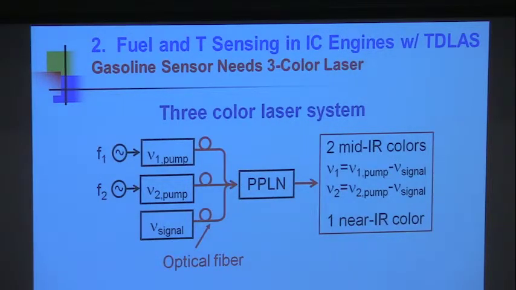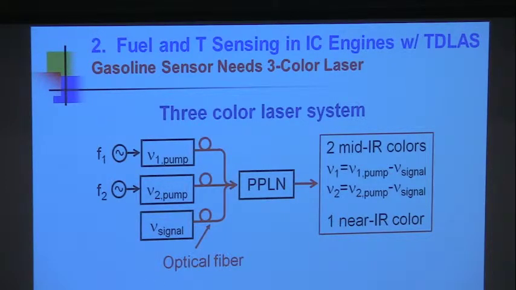And we would also end up with a separate color that was not attenuated by the gas, but would be attenuated by droplets. Because in some of the applications, we have to live with the fact that there may be fuel droplets present. So actually, we ended up with 2 wavelengths to characterize the vapor, and another color to deal with the fact that we might have liquid films on our windows or droplets in the system.